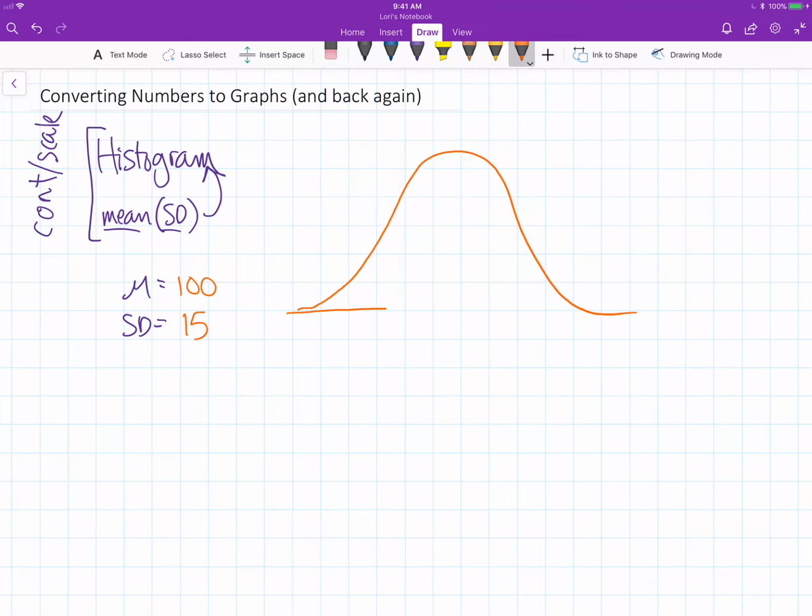And so somewhere along the x-axis, if I draw something close to the middle, this is the mean. And then if I draw approximately, give or take, this tail is kind of weak.